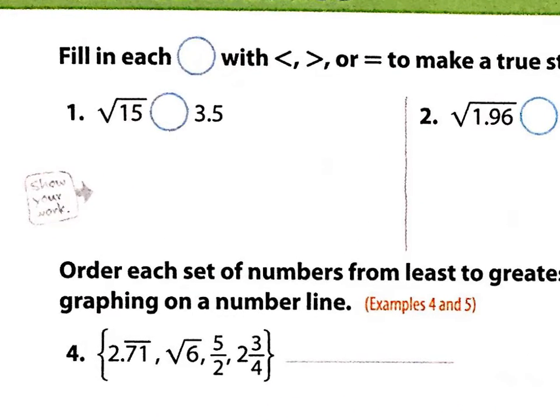So now we're going to do the guided practice. Number 1, the square root of 15 is what to 3.5? Greater than? What does the square root of 15 equal? 3.87298.